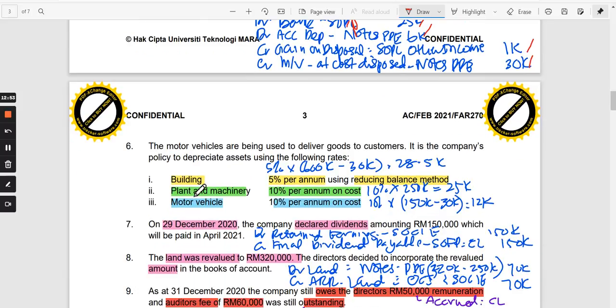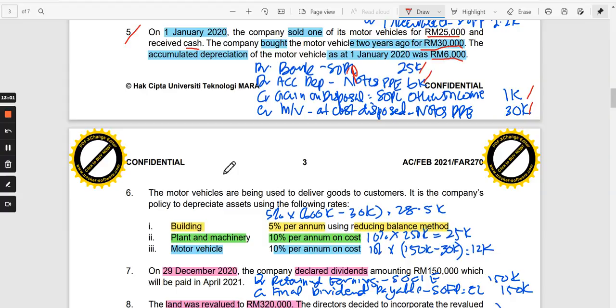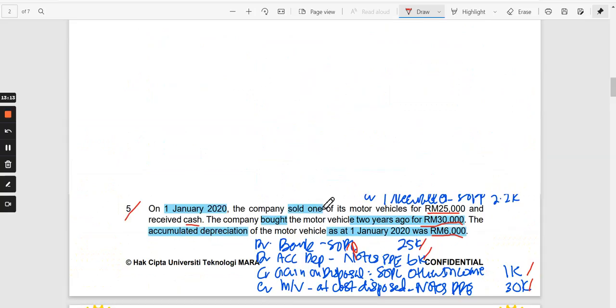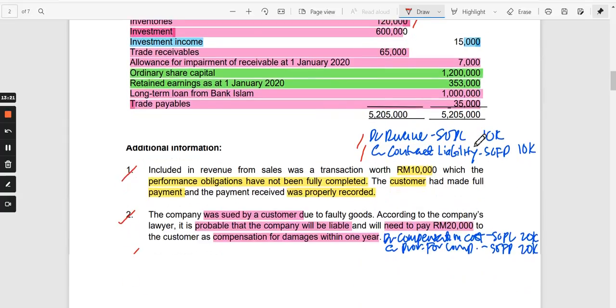Be careful with the depreciation on motor vehicle, because for motor vehicle, you can see the one I used blue here, that is being disposed. So you need to first take into consideration that for building, it was 5% per annum. So it should be 5% from cost minus accumulated depreciation. Check the cost, 600, and the accumulated depreciation 30.